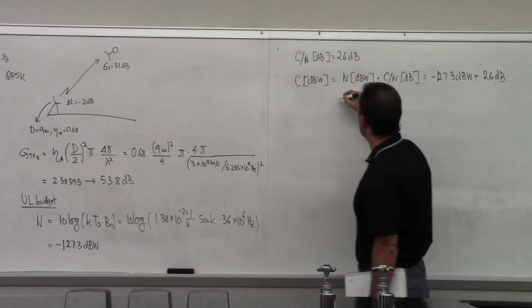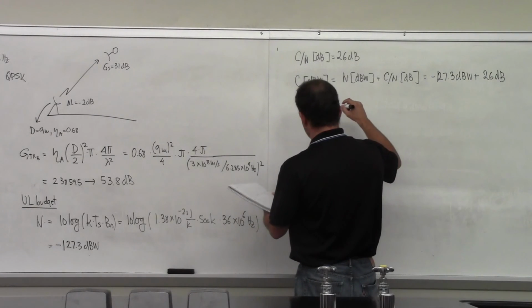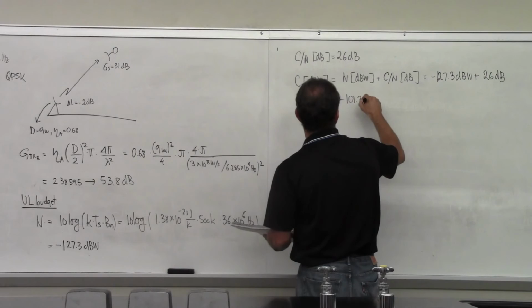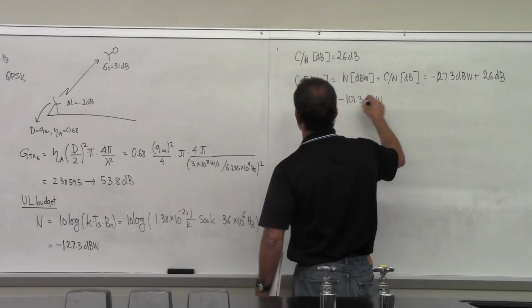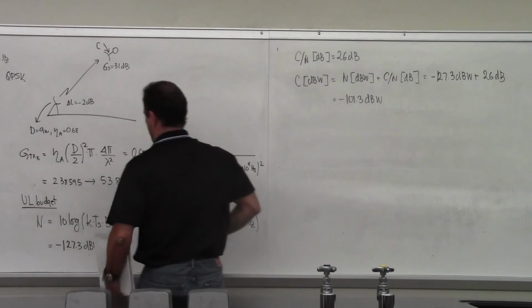This gives you that the power of the signal from the earth station needs to be minus 101.3 dB watt. So that's the signal power that I need to provide at this point here.